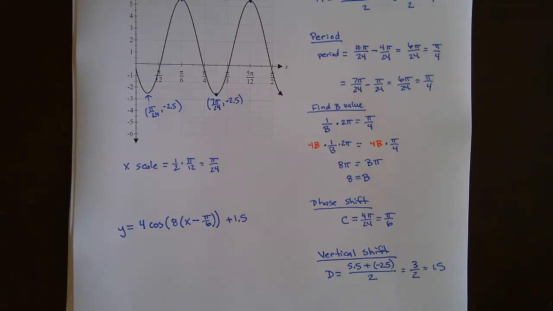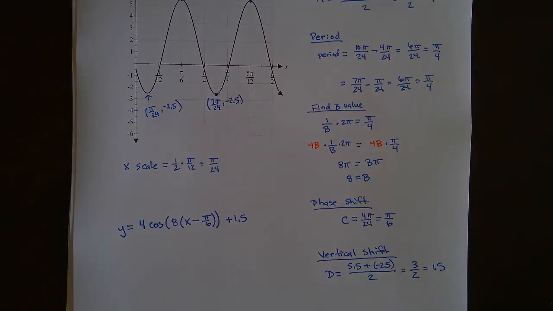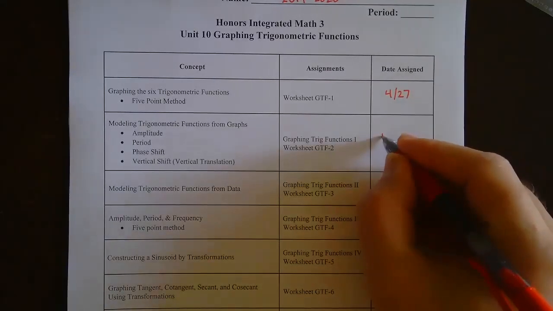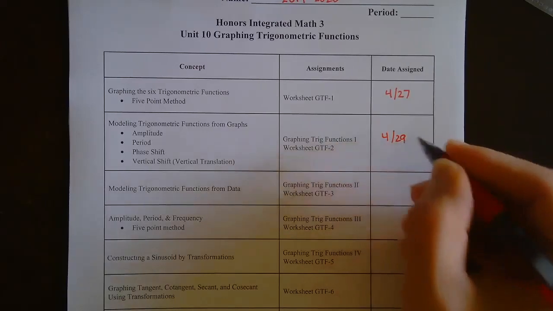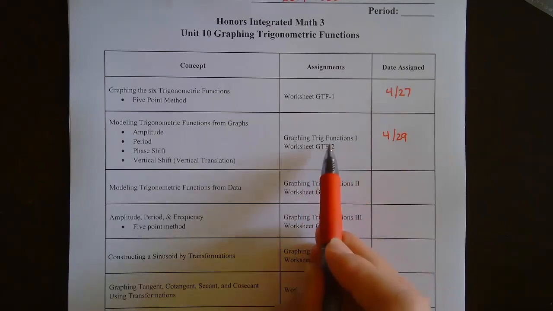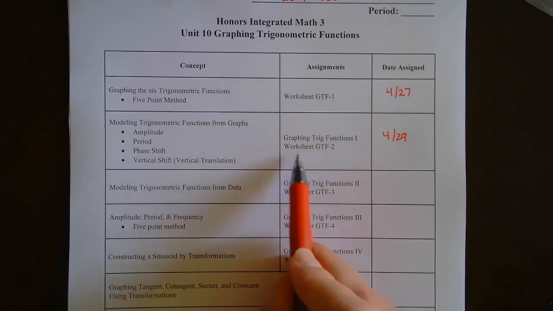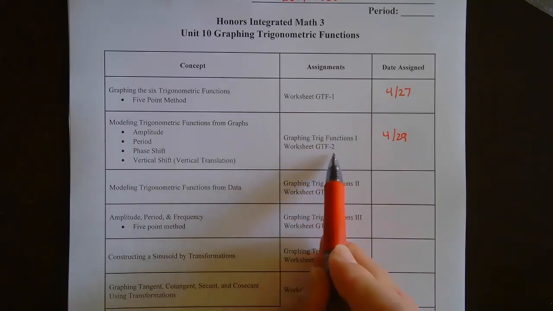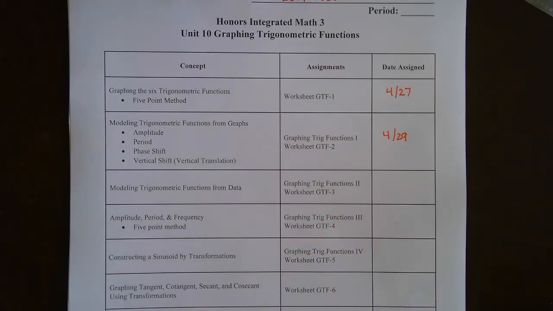The assignment. Let me pull up the assignment sheet and I'll go over that with you guys. Today is 429. We already did graphing trig functions 1, or at least you should have, and I want you to submit that. I want you to submit the worksheet GTF2, and on top of that, I want you to also submit your notes. Please don't mix them all together.